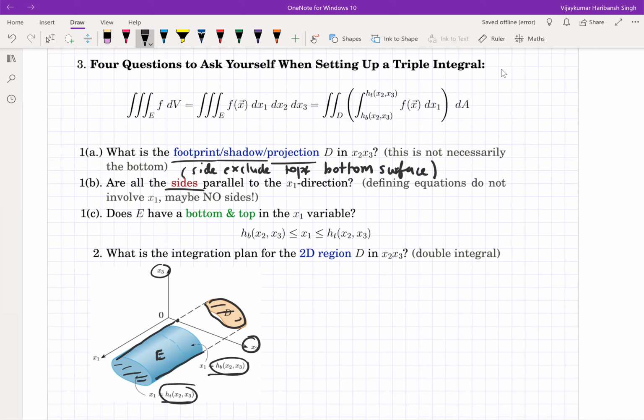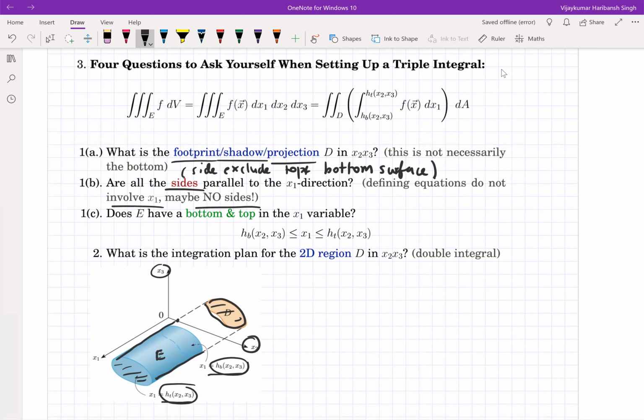Yeah, and such a thing is called a cylinder, right? So it's basically a cylinder. And if they are parallel, that means they will not involve x1, right? And if they do not involve x1, that means sides will not have x1 as a defining equation.